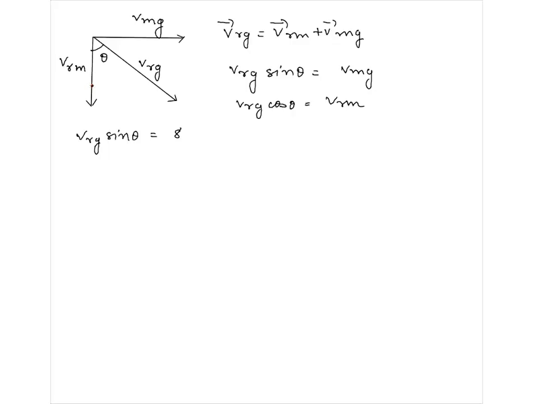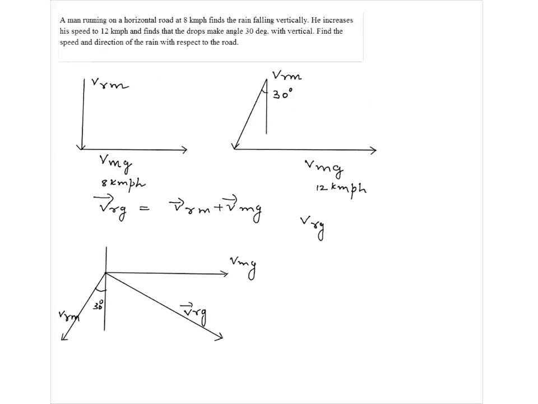These things may change with respect to you, not with respect to ground. So VRG and this theta, that is not going to change in the two cases. So it's the same theta here, right?